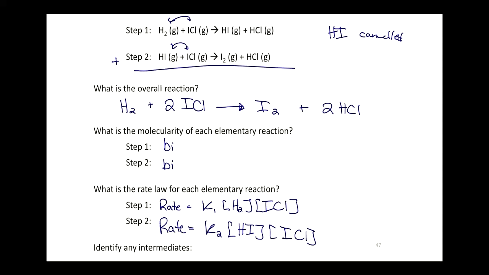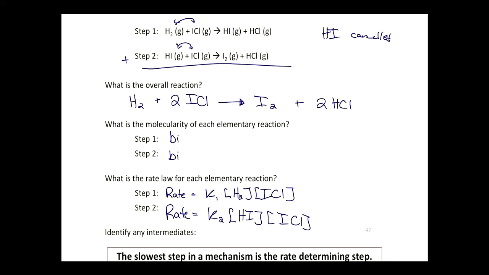The last question here: identify any intermediates in this reaction. HI is an intermediate because it got canceled when we got the overall reaction. This will be an issue in a little bit. When you look at the rate laws for the individual steps, the first step's rate law depends on concentrations of reactants that we put in our reaction.